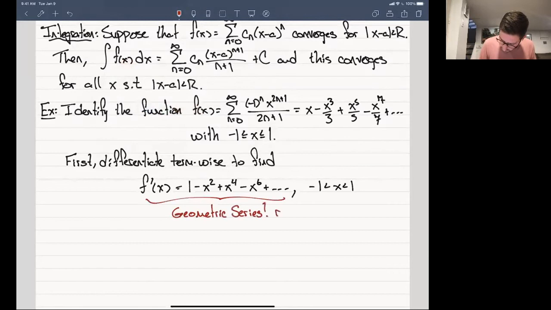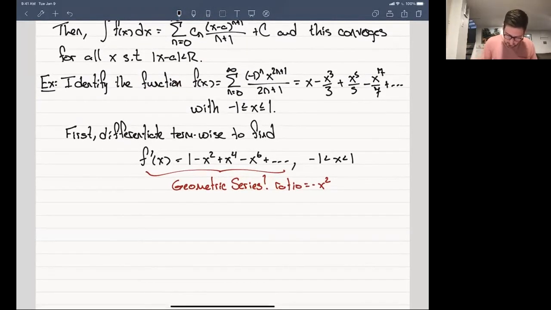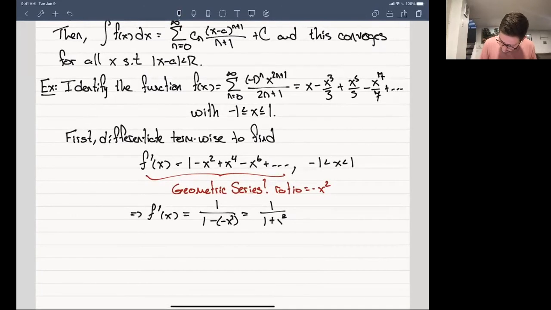And it has the ratio equal to minus x squared. So this tells me that f prime of x is equal to the first term, 1, divided by 1 minus the ratio, which is 1 minus negative x squared, which is equal to 1 over 1 plus x squared. Okay, so the derivative is equal to 1 over 1 plus x squared.